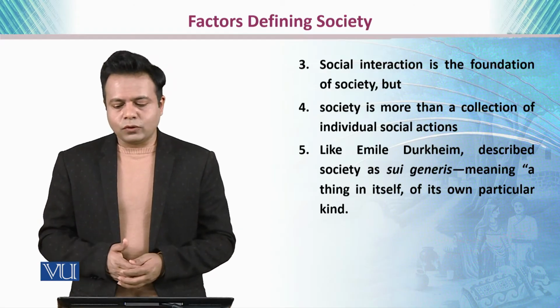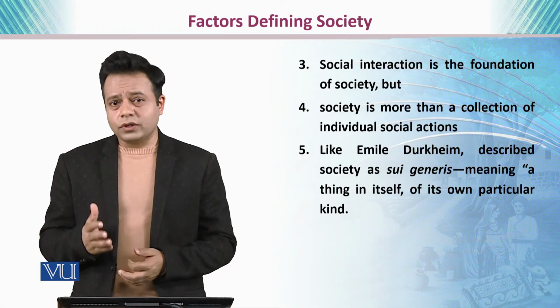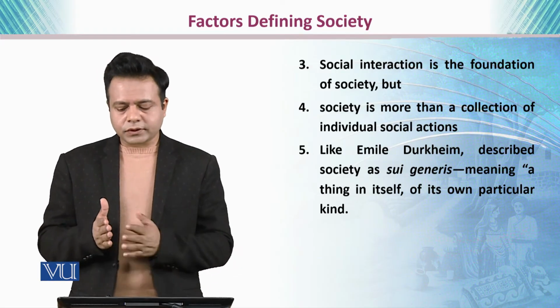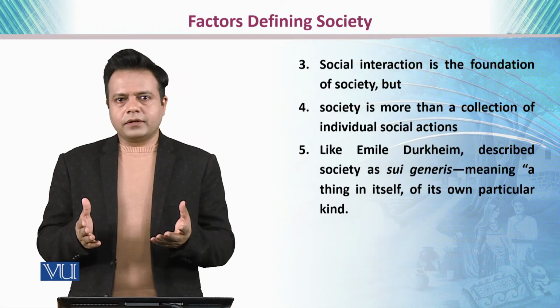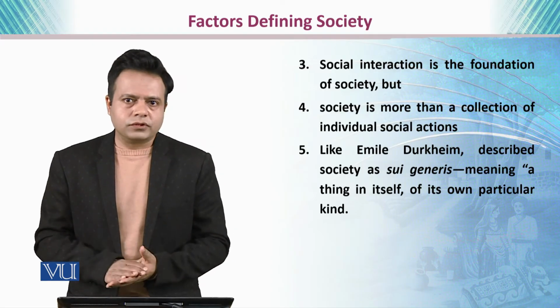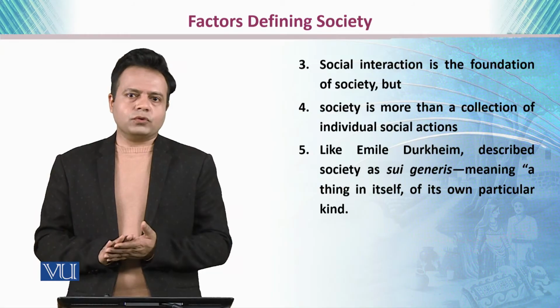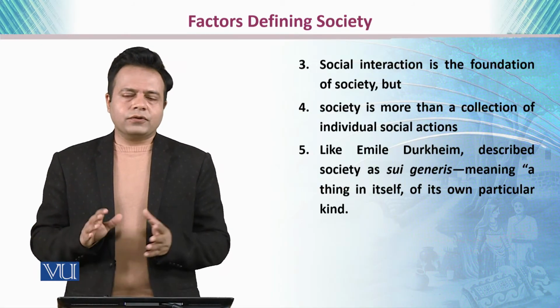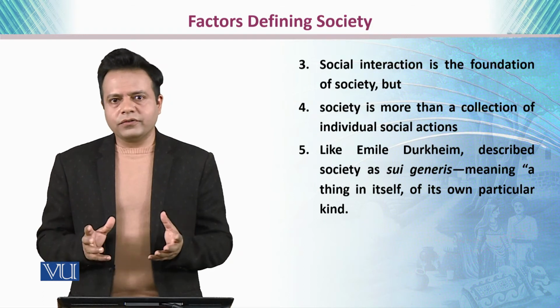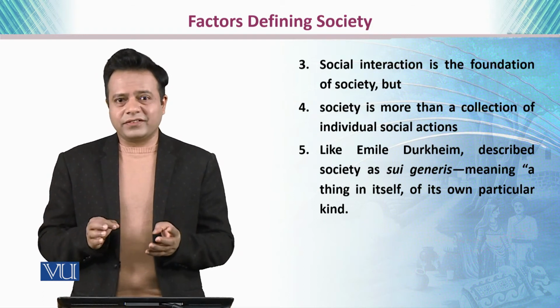The society is more than a collection of individual social actions. Sociologists, especially structural functionalists, are of the view that society is sui generis. It means that society has its own sense of existence.